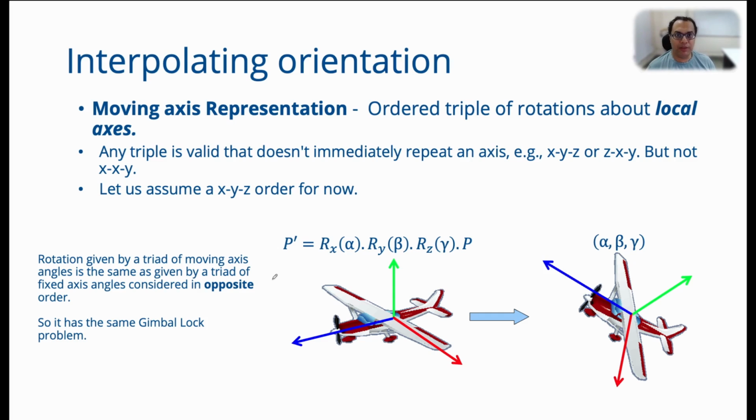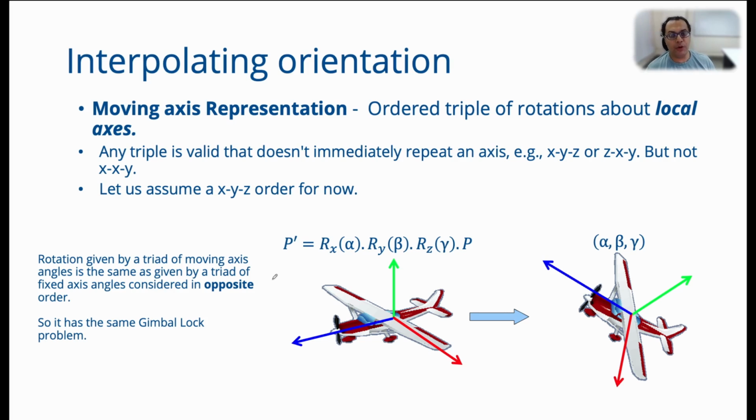How can you think about this? So imagine that there is an aircraft flying in the sky. If you are an observer on the ground and the aircraft is changing its orientation with respect to you on the ground, and the axis is fixed to you on the ground, and you are the one observing the aircraft, then that is a fixed axis representation.